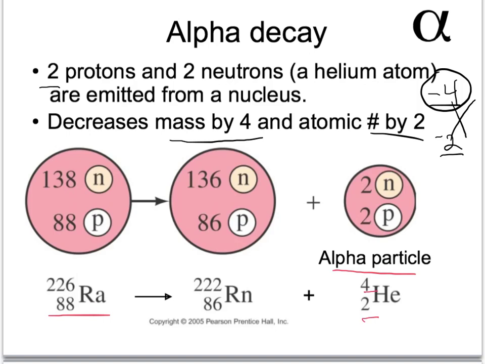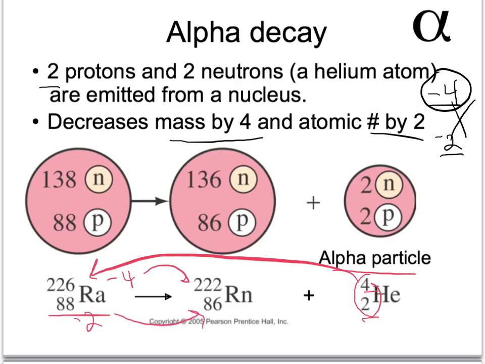So what you do is you basically just subtract what's lost from the original particle. So 226 minus 4 gives me 222. So I just took off 4 from the atomic mass, and minus 2 on the atomic number, giving me 86.